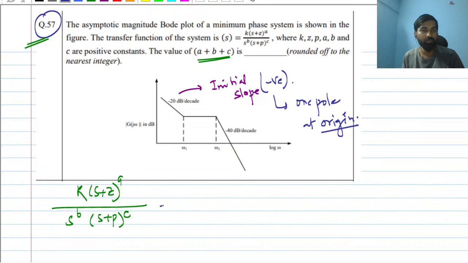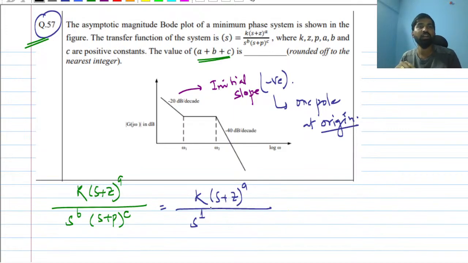So if you write here s plus z, I don't know the value of a for the moment, but now we know the value of b, because b is equal to 1, one pole at origin, then only you can get a slope of minus 20 dB per decade. Now, after this corner frequency omega 1, the slope is 0 dB.